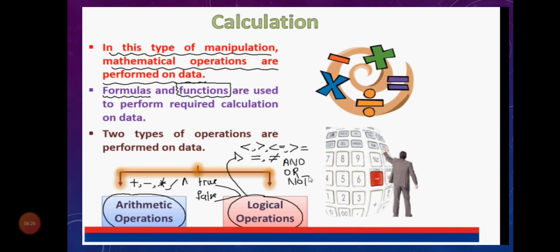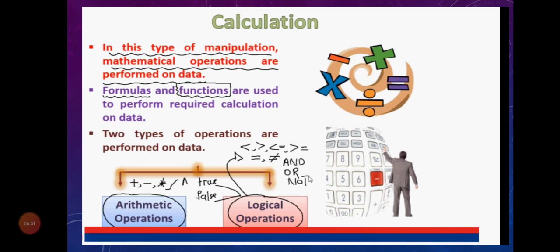And the logical operations use true, false, yes or no, greater than or less than, not greater than, less than or equal to, and there are three more logical operators: and, or, and not.